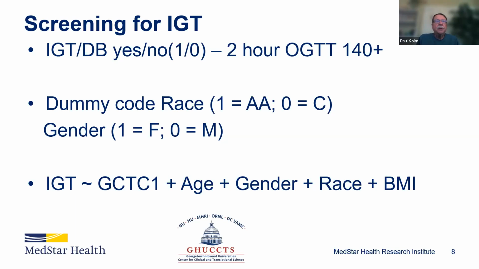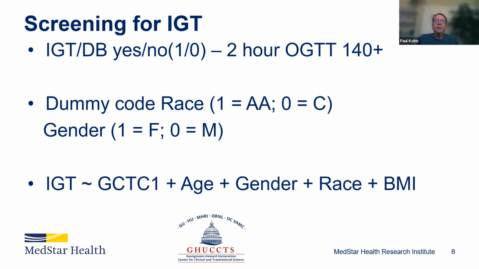Obviously, the other ones, race and gender, are going to be what we call dummy coded. That is 1 for African Americans, 0 for Caucasians, and 1 for female, 0 if it's male. So our predictive model is IGT as a function of our capillary glucose test plus age plus gender plus race plus BMI.